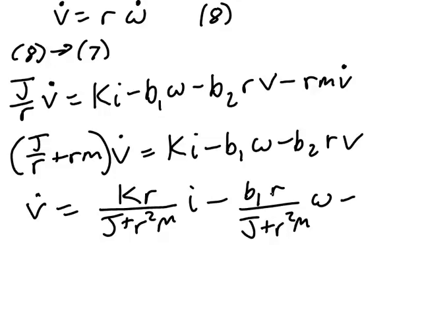What I did is I multiplied the numerator and the denominator both by r after I had pulled this term here over to the right side. So when I divided through by this term, I would have gotten k over j over r plus rm. So then I multiplied the numerator and the denominator by r to get me kr, and then it canceled out the r here and gave me an r squared in this term. That's where this j plus r squared m came from.